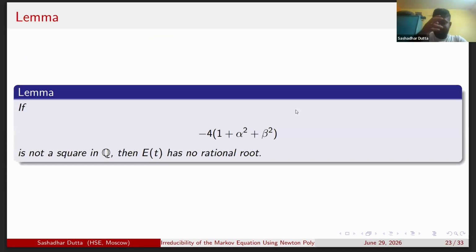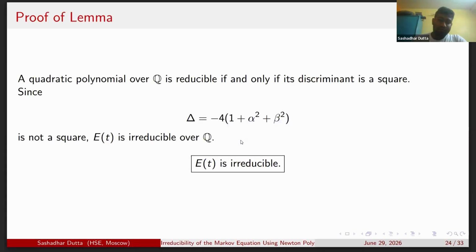Now again there is a lemma that is very important. If our discriminant is not a square in Q, then it has no rational root. So how can we prove this?